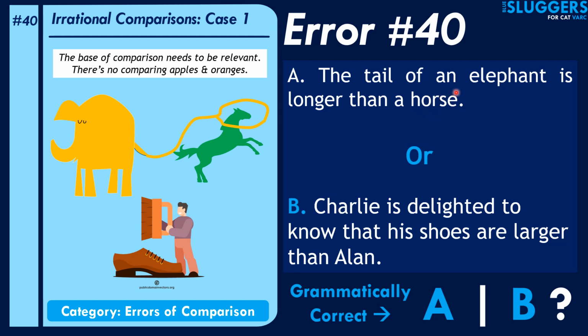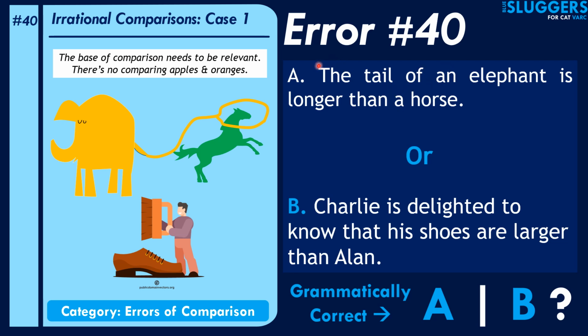But if you read it carefully, it actually seems to imply something else. It seems to imply a comparison between the tail of an elephant and not the tail of a horse, but the horse itself, right? The tail of an elephant is longer than a horse itself. So it doesn't make sense.